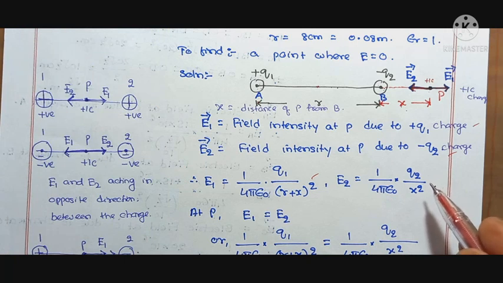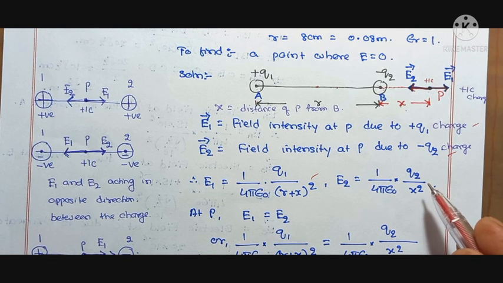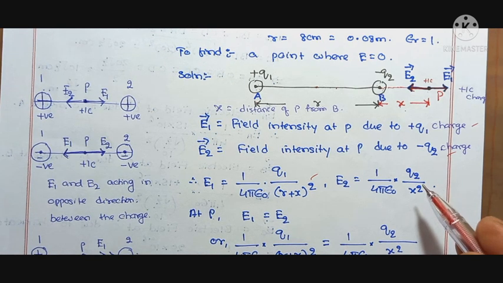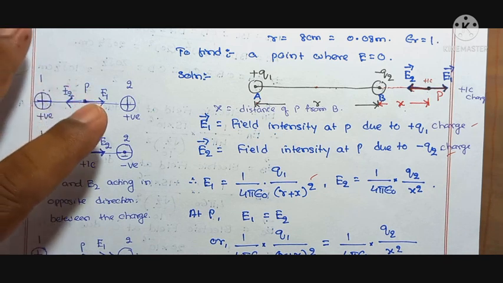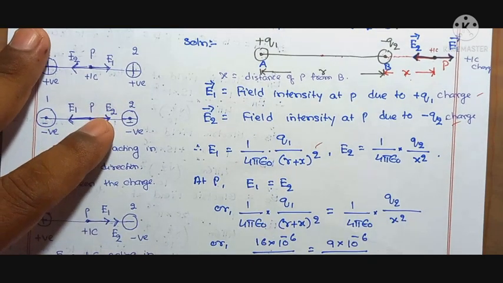Here magnitude of charge is taken positive because we are using the sign of the charges for getting the direction of electric field, and for the calculation of the magnitude of the electric field we are taking magnitude of the charges.